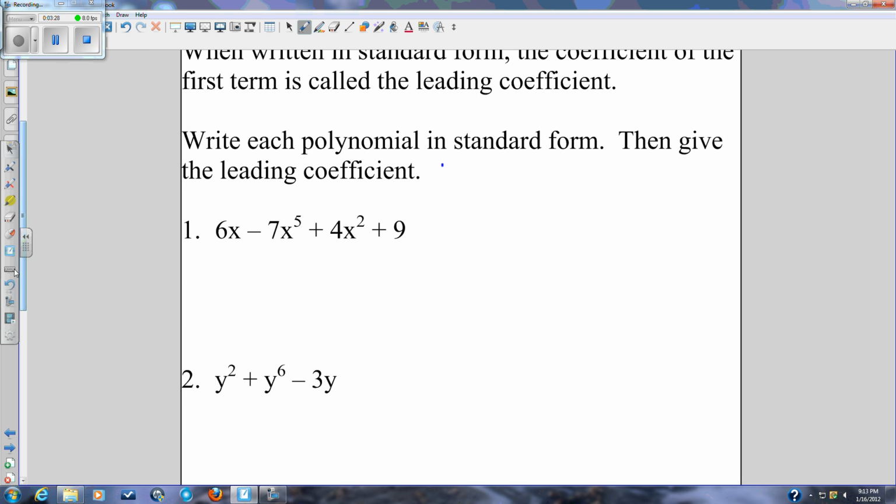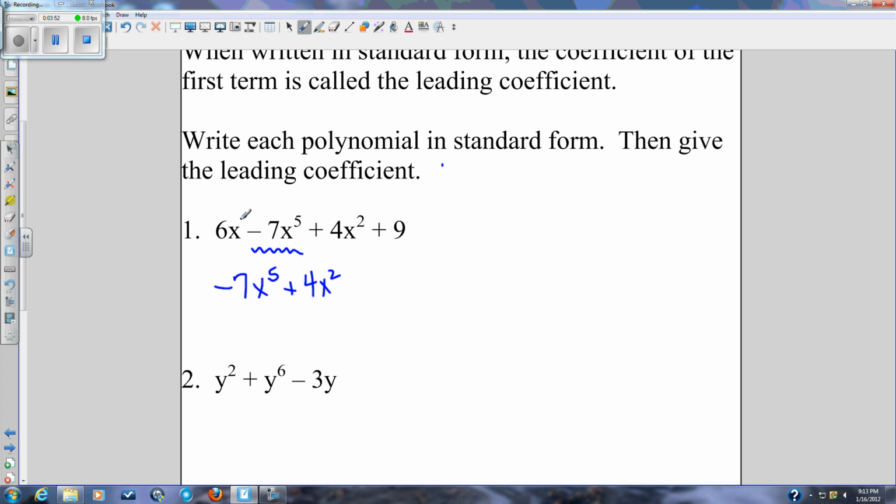So we want to write these from highest degree to lowest degree. Well, the 5th degree is present here in this term, negative 7x to the 5th. So it's highest exponent to lowest exponent. Well, the next highest exponent would be on the 4x squared, so write plus 4x squared.